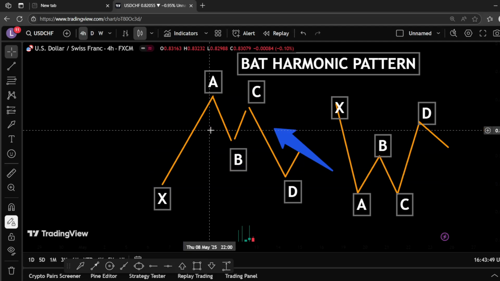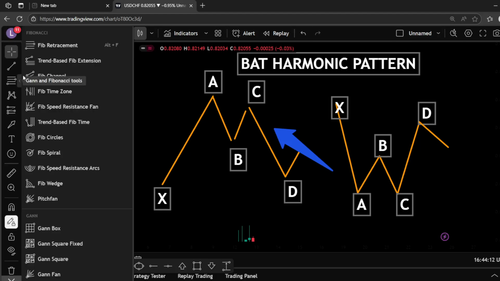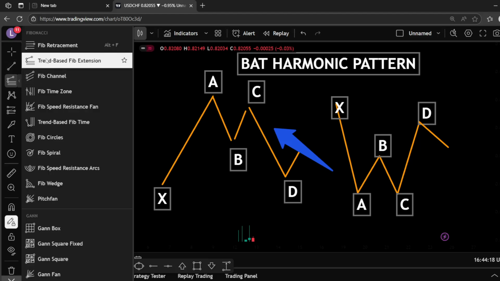Before you take any trade, we need to measure our AB leg and our BC leg. All we do is take the fib extension this time, not a fib retracement, which is the second one, fib extension.